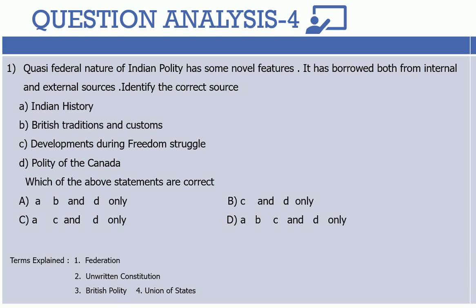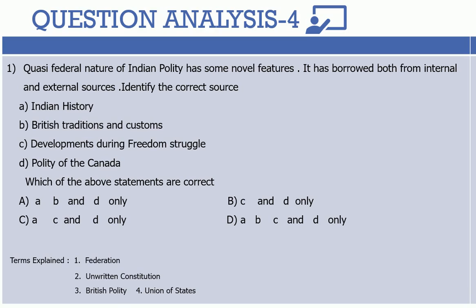Development in the sense not simply incidents, like movements of 1920, 1930 or 1942. It is the constitutional developments that are to be taken into consideration. For example, the Government of India Act 1935 had some federal features. Those federal features were definitely taken into the federal nature of the present Indian polity. Therefore, definitely the developments during the freedom struggle are considered.